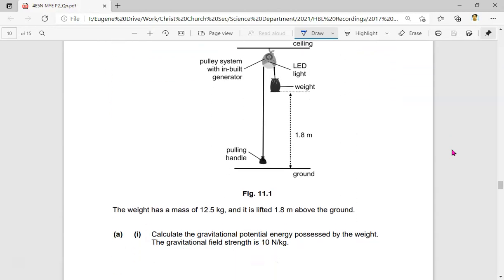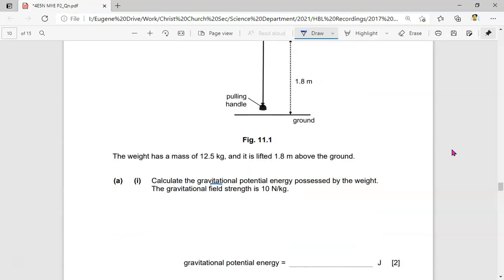So it says the weight here is 12.5 kg and is lifted 1.8 meters above the ground. Calculate the gravitational potential energy possessed by the weight. So GPE is what they want you to find. The formula for GPE is mgh.